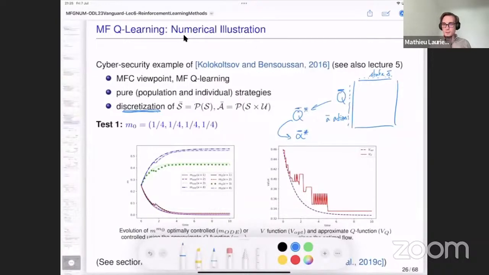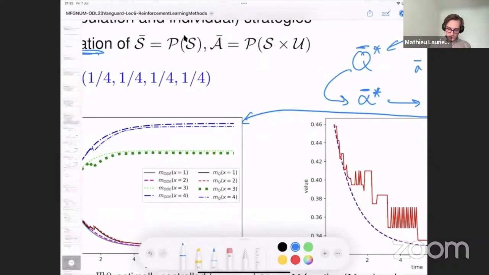Here, let's imagine we don't randomize. You get alpha star, and you can plug this in the dynamics, and from these dynamics you observe this. You see that the dynamics of the mean field controlled using the control learned by the algorithm approximately matches the one coming from the ODE.